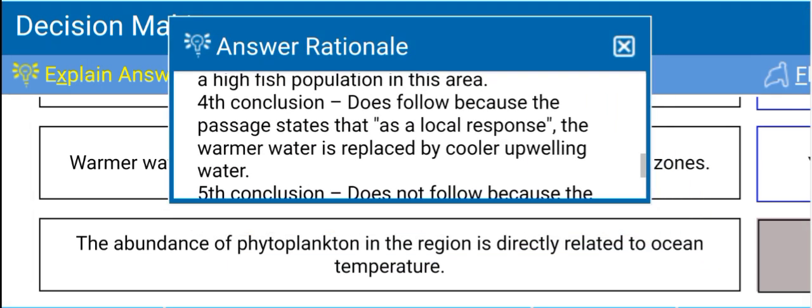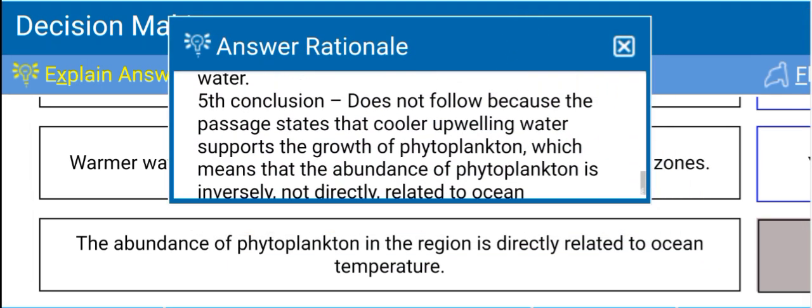The last conclusion says the abundance of phytoplankton in the region is directly related to ocean temperature.